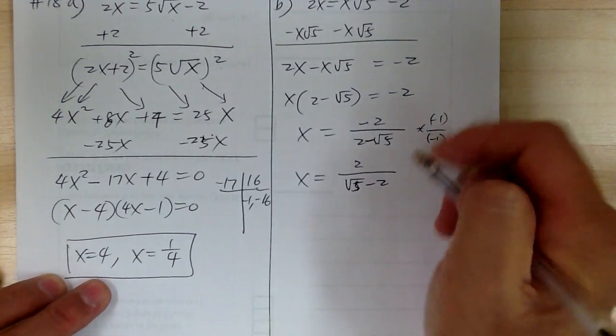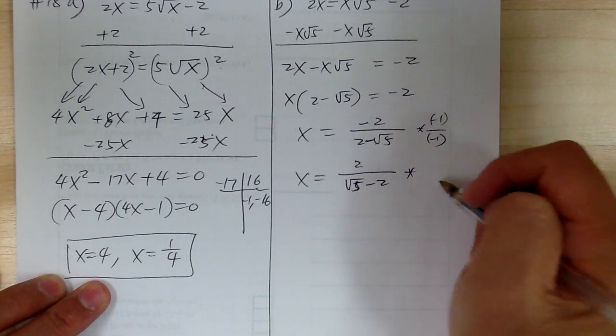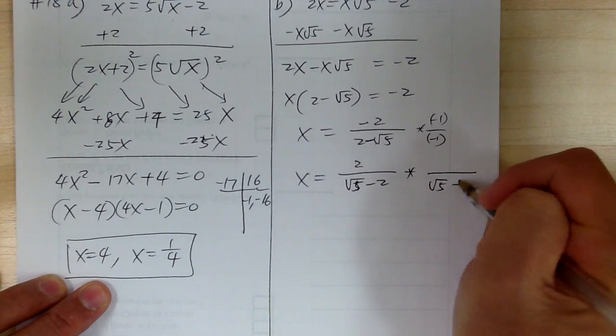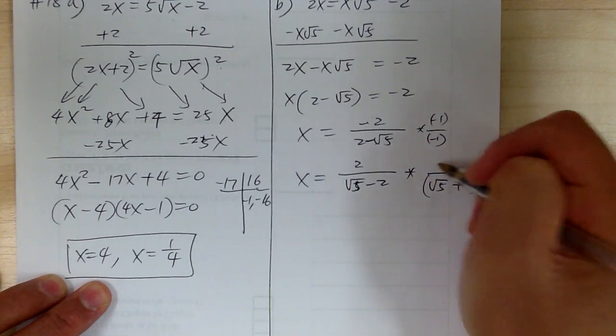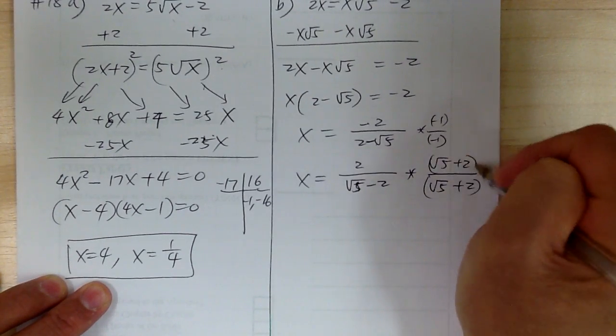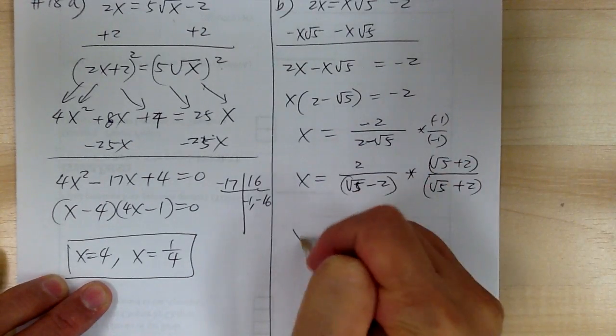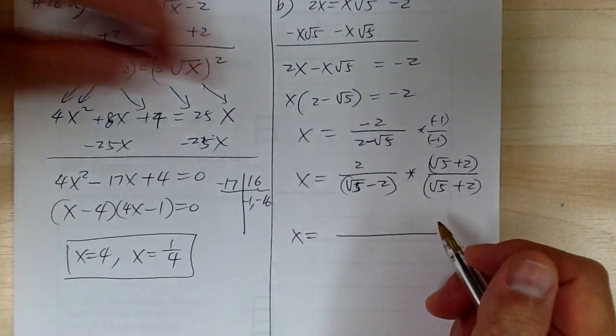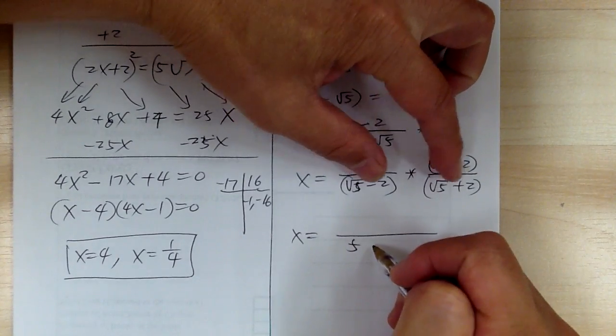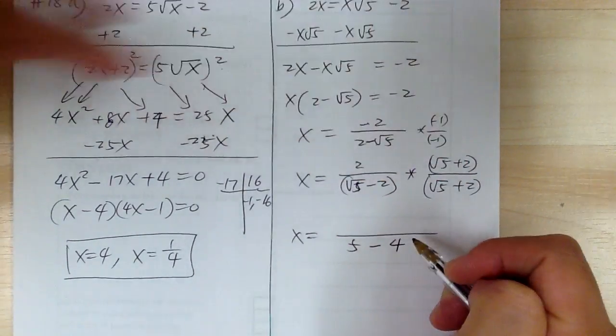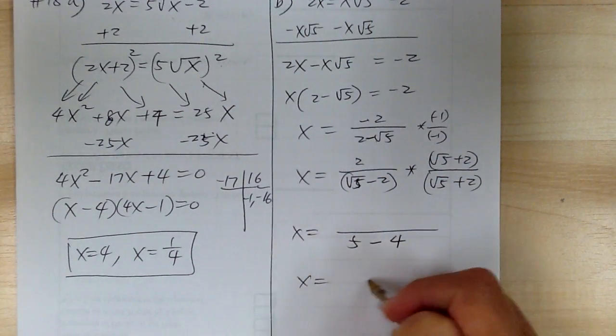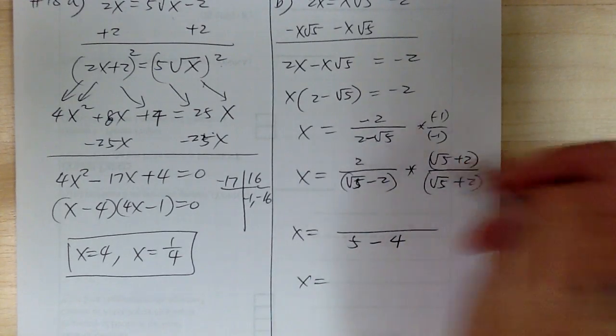Okay, then again, we just learned this from a previous lesson, right? To simplify that, you have to multiply by the conjugate, right? Okay, so x will equal, when you multiply by the conjugate, you get 5 minus 4, and this will give you 1, right? So you can go and multiply.